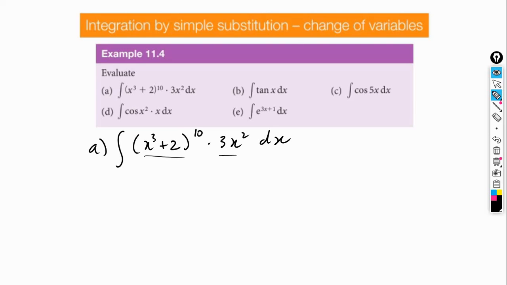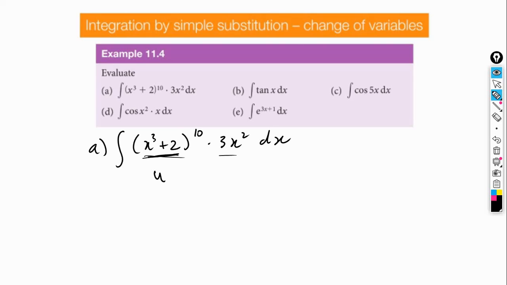That would take a long time. It's much easier to think about the situation where we can do substitution. So what do you have to look for here? The first thing is, what are you going to call u? The easiest thing to substitute is the expression inside here. We can call this u.